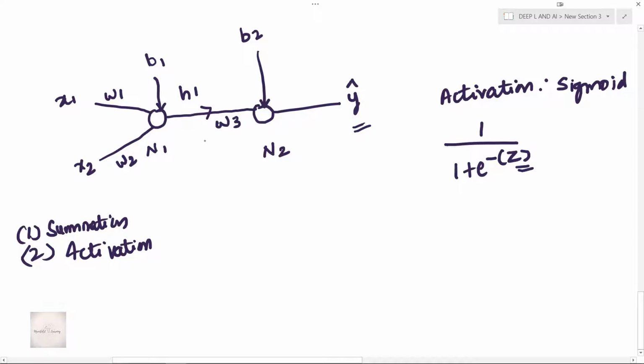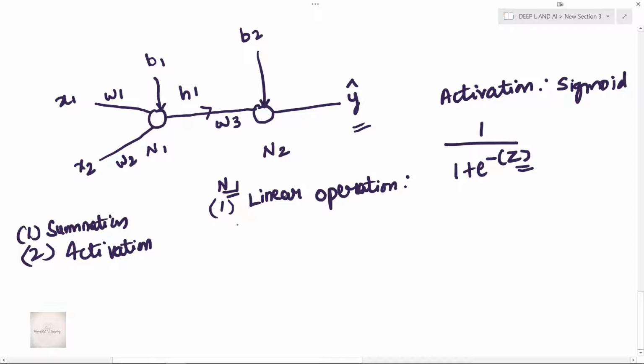To predict the Y hat, first I have to predict the output of N1. The output of N1, as I said, is H1. First I have to find the value of the summation for N1, which is the linear operation. When I say linear operation for N1, it is nothing but the weighted sum of the inputs plus the bias term.